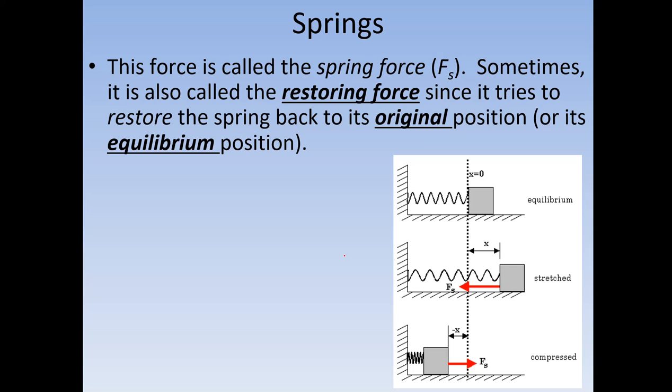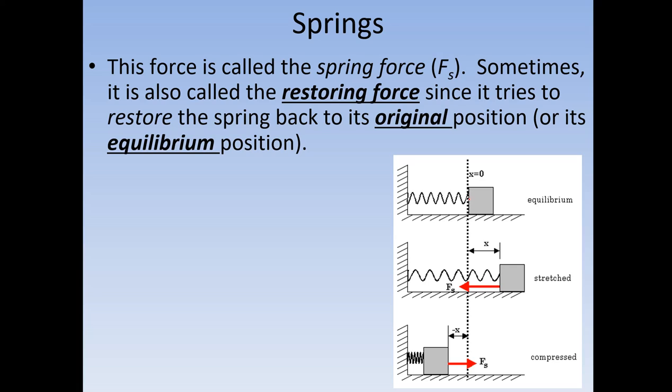Now, the Fs, the spring force, is sometimes also called a restoring force. The main reason being the fact that the point of the spring force is always to try and bring it back to that original position. So when the spring is unstretched and the object isn't moving, it's in that equilibrium state. There is no spring force; it's just hanging out here.